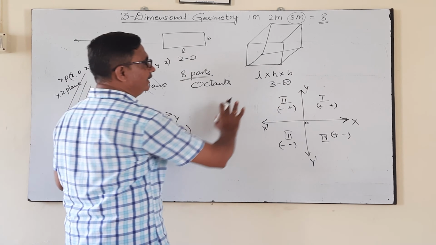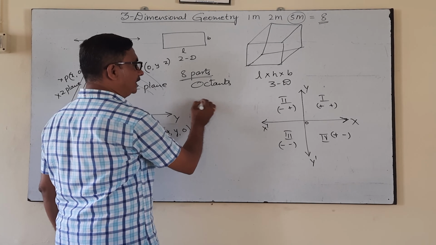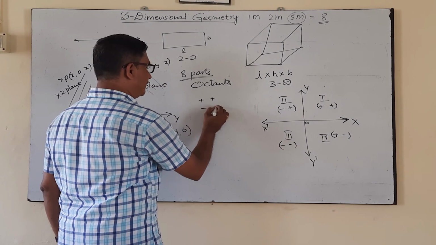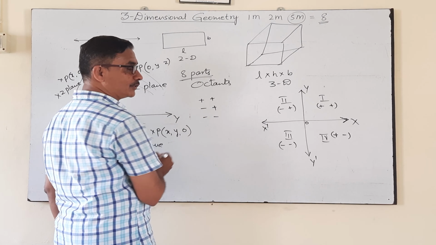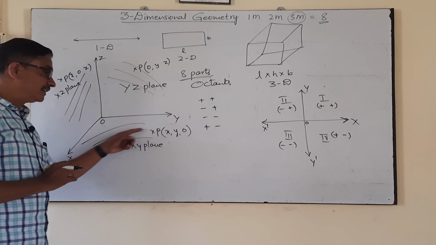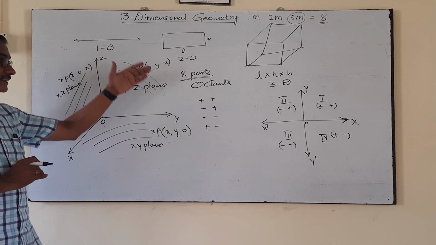Now leave this one, take 2 axes, divided into 4 parts. What are the quadrants? First one is positive, positive, second one is negative, positive, third one is negative, negative, fourth one is positive, negative. Whereas these 3 axes divided into 8 parts are known as octants. How do we write the signs of the octants?